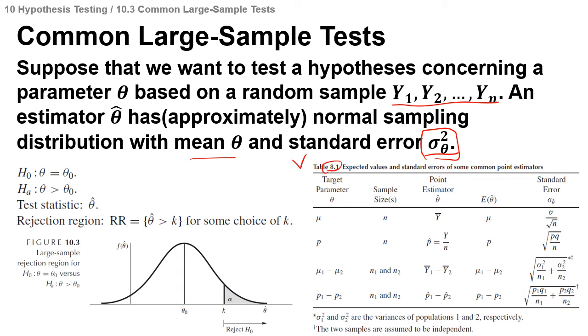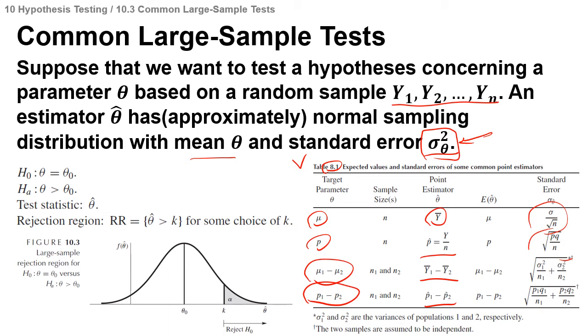So the common parameters for theta are mu, p, mu1 minus mu2, and p1 minus p2. They are very common parameters, and we also have point estimators of these and the standard error estimators.